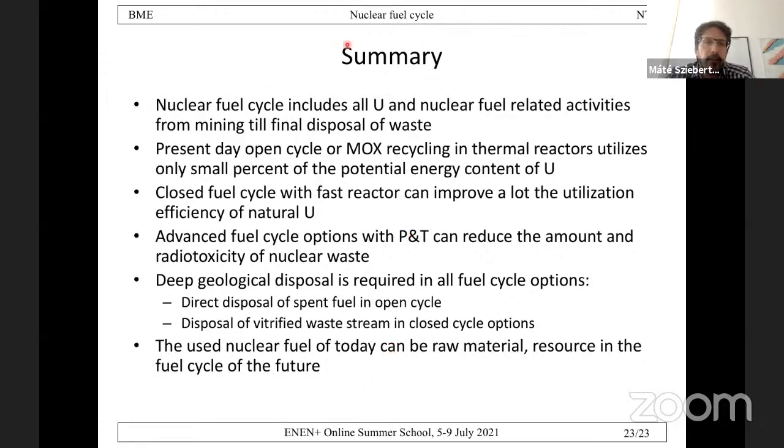So you have many mines in Kazakhstan and in some other places of the world where in situ leaching is going on. If that was the question.